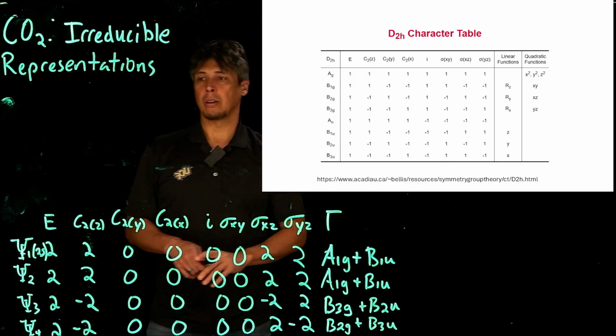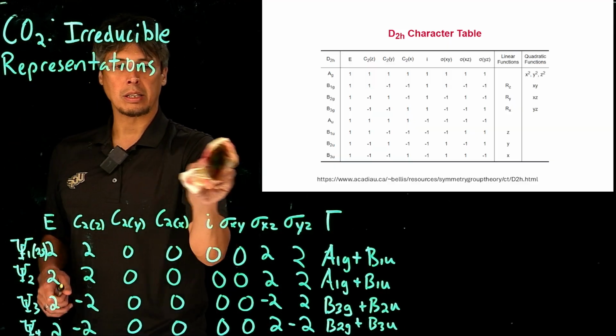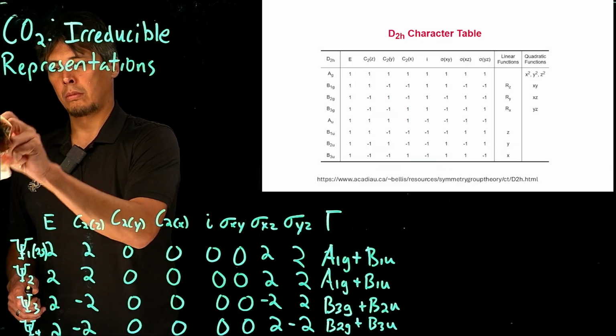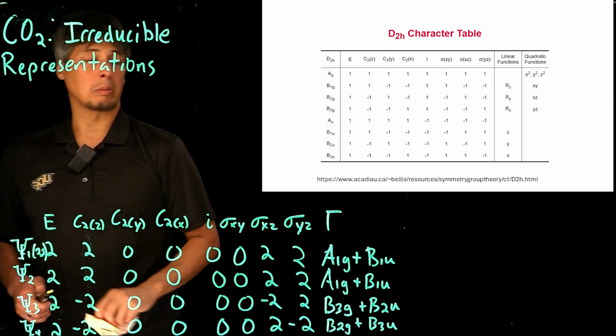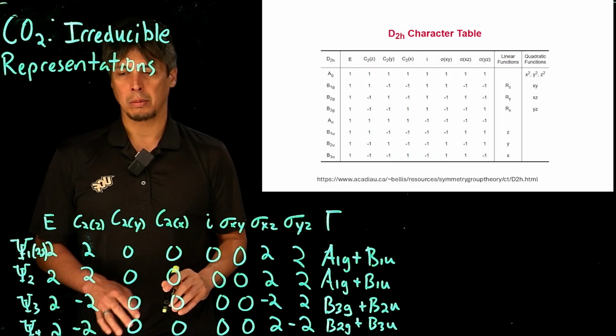Now, this set is fairly easy to combine from the character table by inspection and figure out what these irreducible representations are. But sometimes that's not always possible.